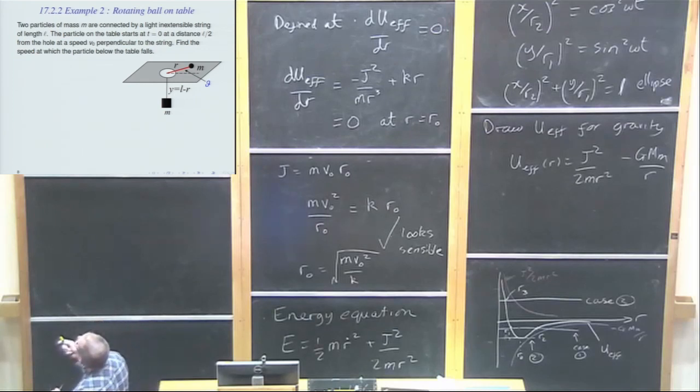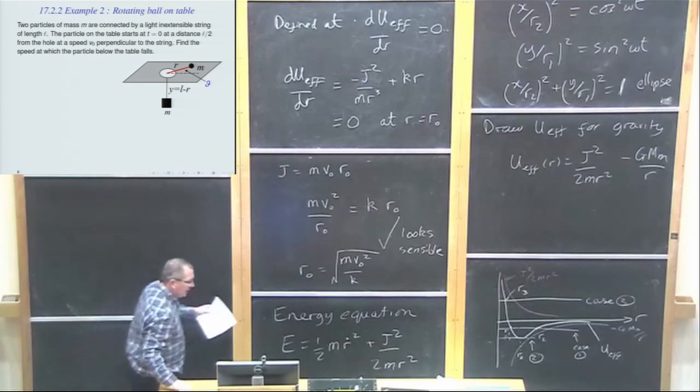It's of a length L. We're going to define this length R, which is the length on the tabletop, and this can, of course, vary. And we're going to start it such that R equals L over 2, and it's moving with a perpendicular velocity v0. Okay? And this is one question we're asking here, but actually we want to make a general analysis of the problem.